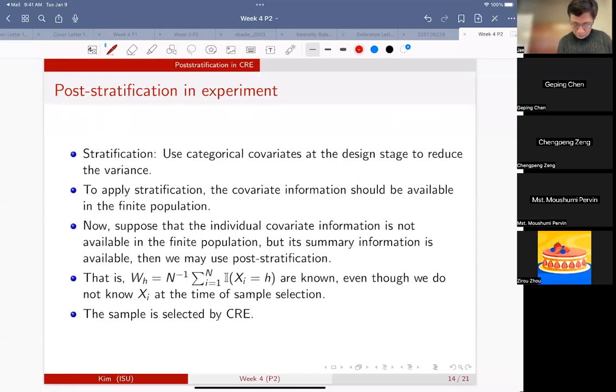Here the categorical covariate means, for example, male, female, right? So if that information is available, it makes sense to use that information and achieve some covariate balance.